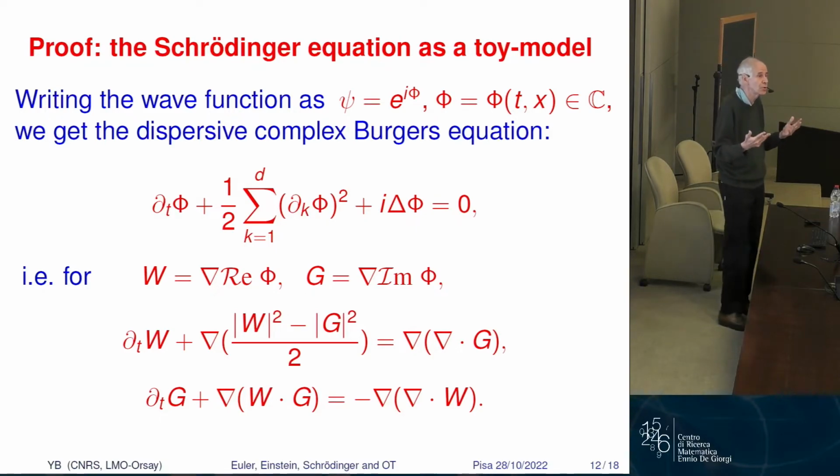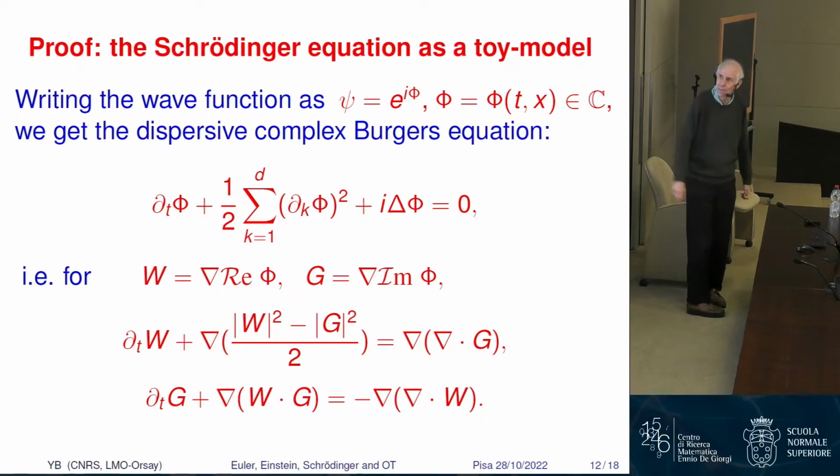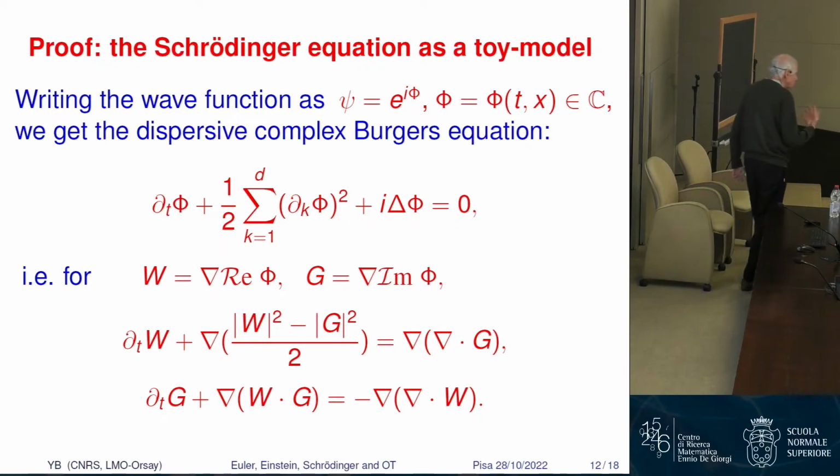This is also the usual trick for the heat equation, when you write the non-negative solution of the heat equation as an exponential and you get the viscous Hamilton-Jacobi equation, which plays such an important role in probability, as a prototype of large deviation theory, and in the connection between probability and optimal transport.